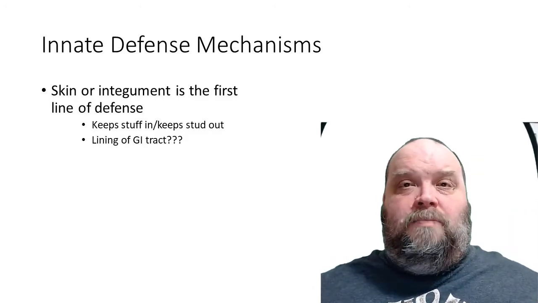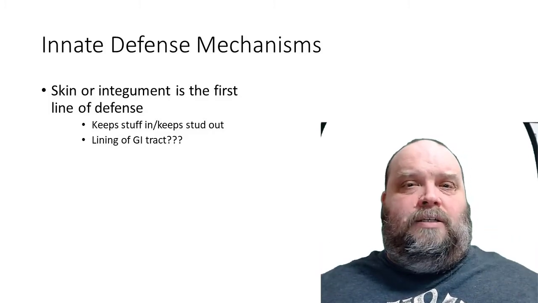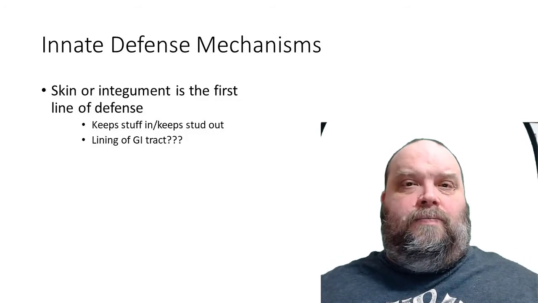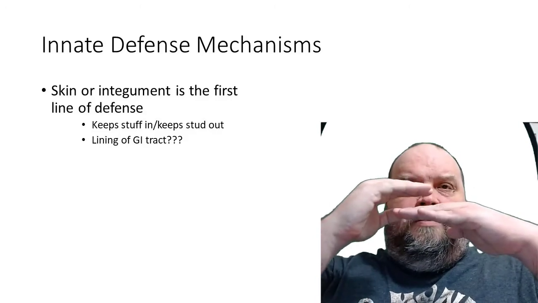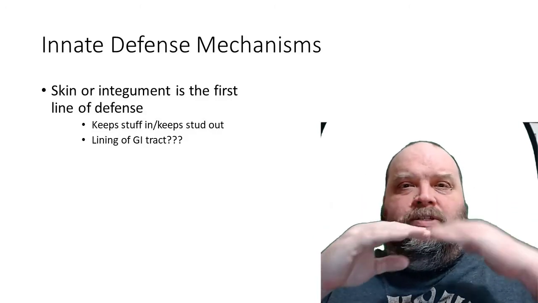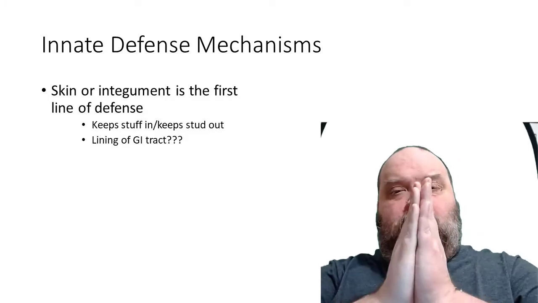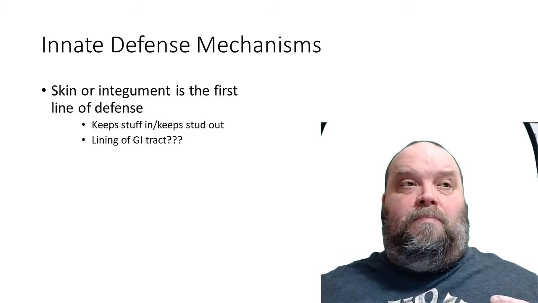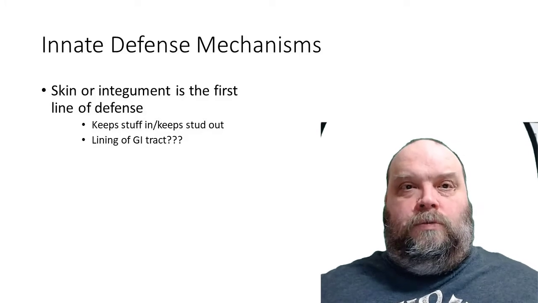When we look at the integument, we also got to keep in mind the GI tract. Okay, our gastrointestinal tract is a series of layers of endothelial cells that are tightly bound together to keep anything from leaking in, anything from penetrating through.